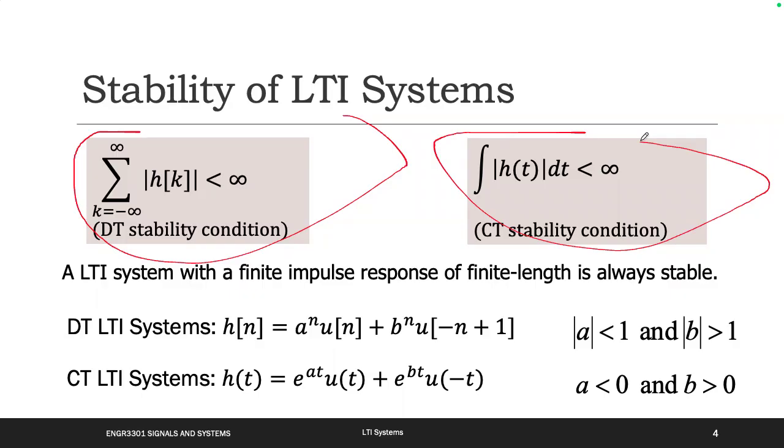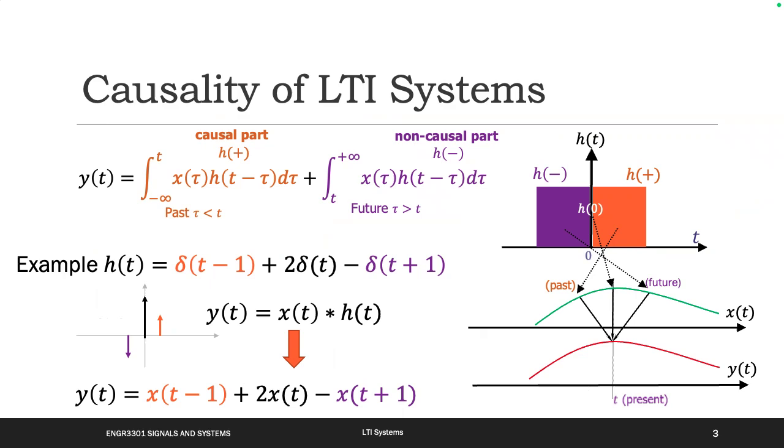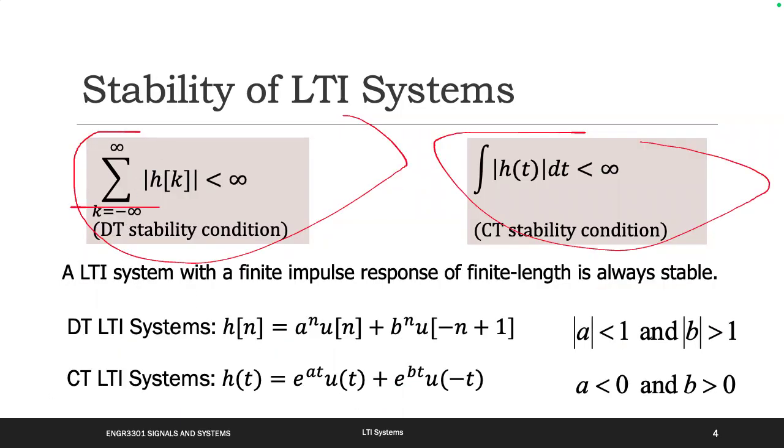Similar for stability. If we want to tell whether this system is stable or not, what should we check? The impulse response. For causality, we just check that the impulse response only has this part. And for stability, we just check whether this equation or this equation works. That makes sense to you? We don't need to care about the input signals.